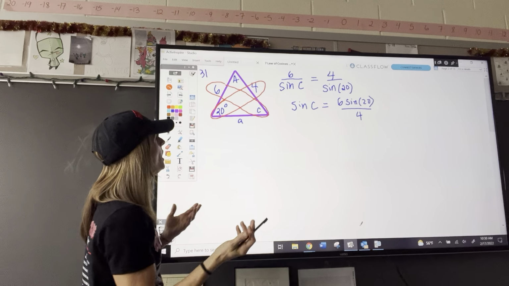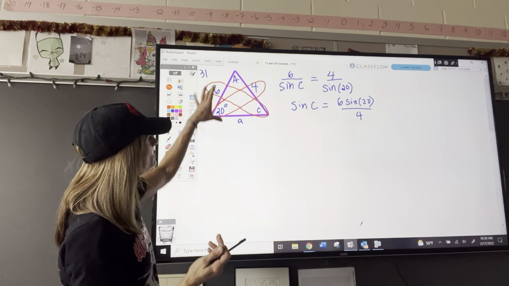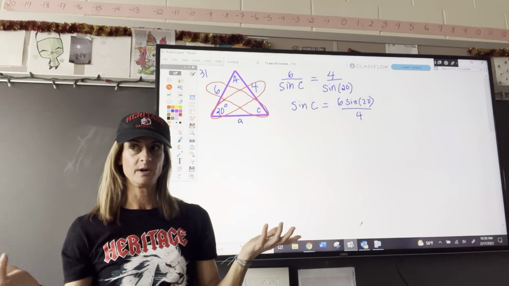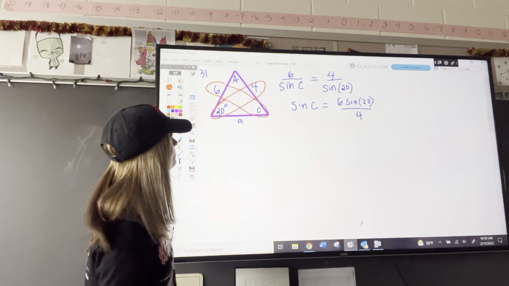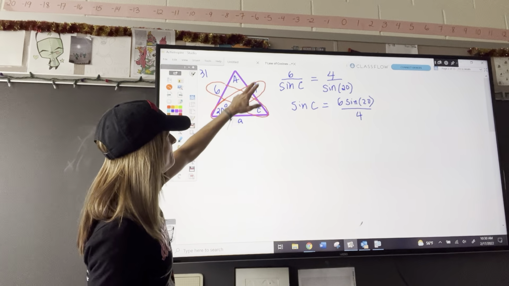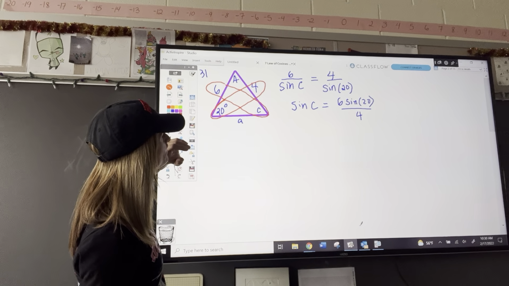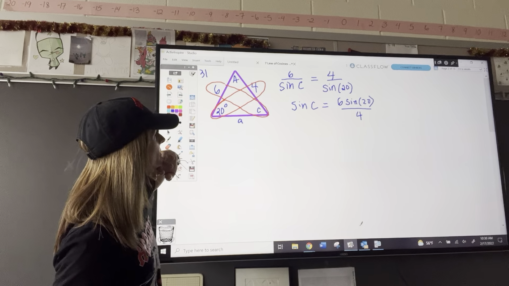If we know 2 of the angles, we can solve for the third angle by subtracting those 2 angles from 180. So we can't do that here. We also don't have 2 pairs where we have one unknown. Wait, I lied. We do, right?